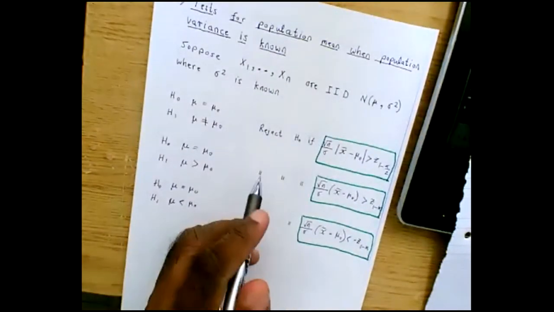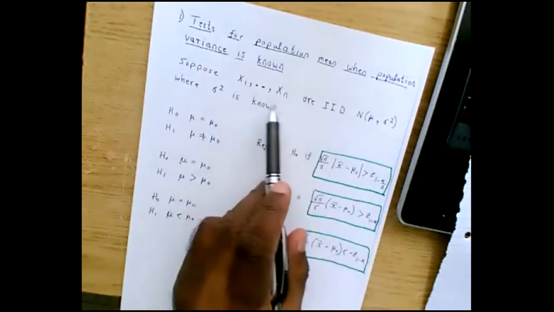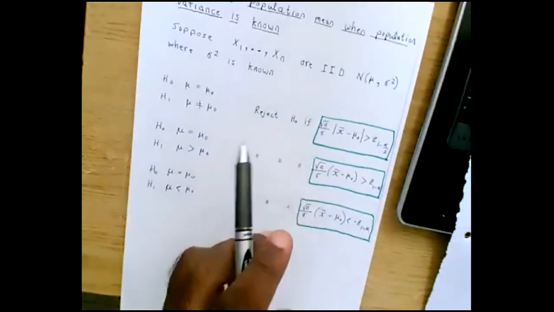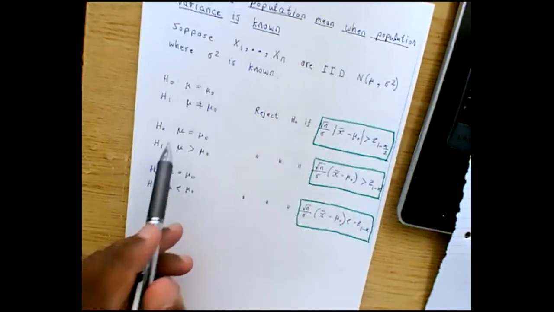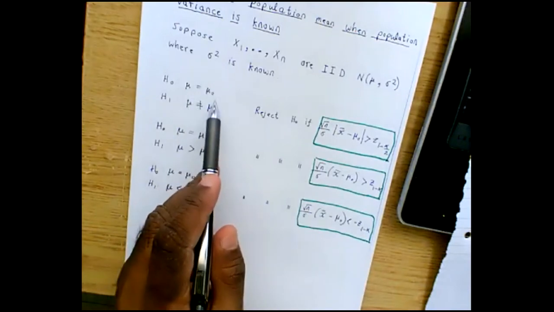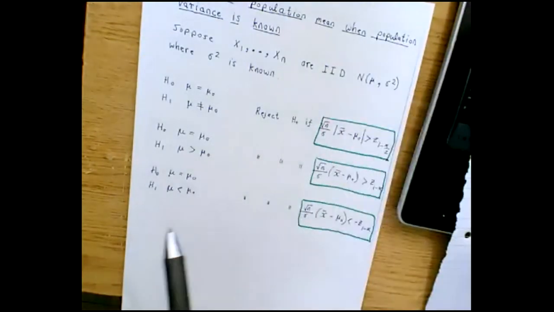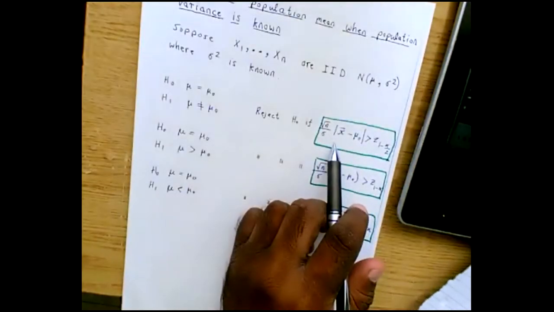In week 10, I considered the case of a random sample from a normal population where the population variance is known, and I gave you the rejection rules for 3 sets of hypotheses. In part 1, we are testing mu equal to something versus not equal to something, so this is the rejection rule we need to use.